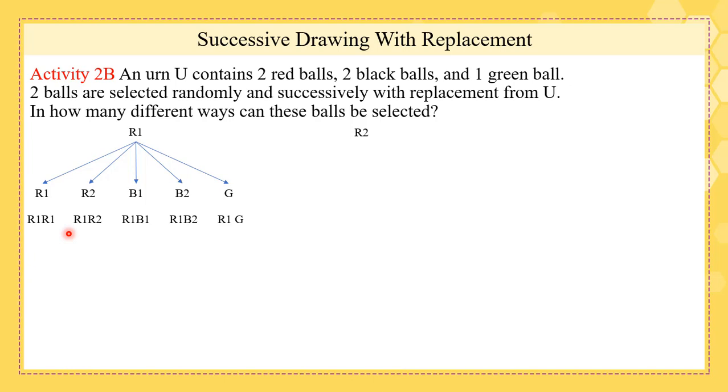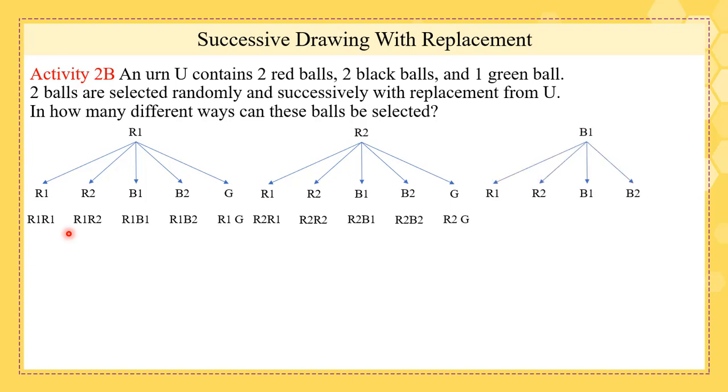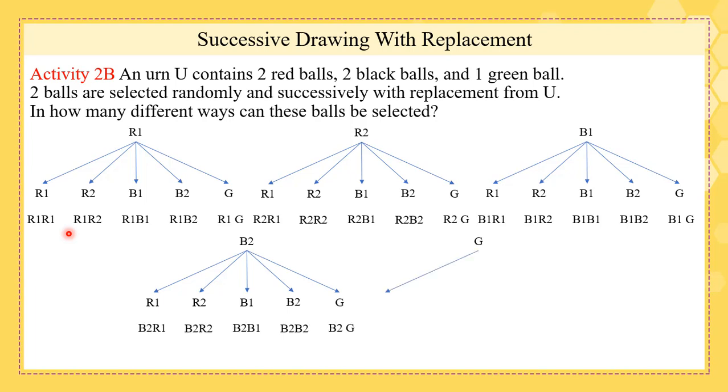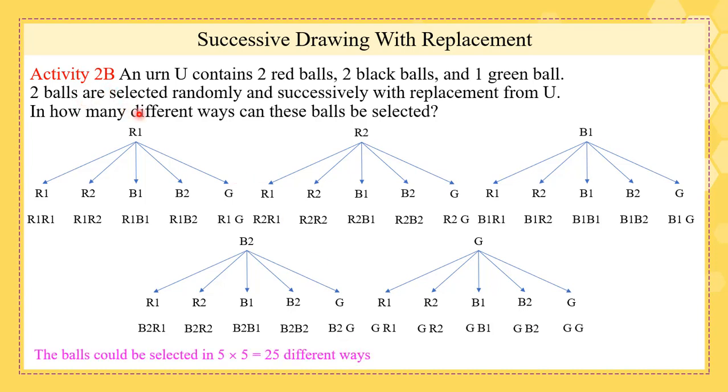Now the first could also be R2, so the second is R1 or R2, B1 or B2 or G, and these are the different cases, and so on. We can see that in each case we have 5 different selections, and we have 5 sets. So the question is, how many different ways can these balls be selected? And the answer is the balls could be selected in 25 different ways, and this 25 is 5 multiplied by 5.